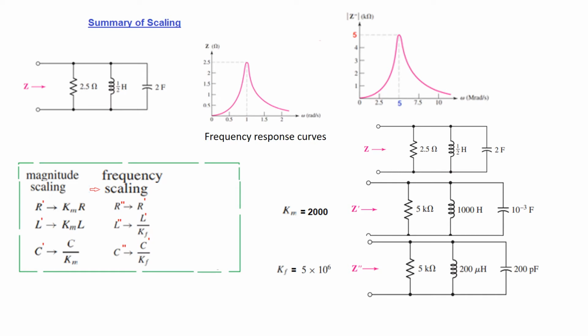Now the two can be done simultaneously as well. So in this case, if we want to do both, we just multiply R by Km, we multiply L by Km and divide by Kf, and similarly the capacitor is divided by Km multiplied by Kf.